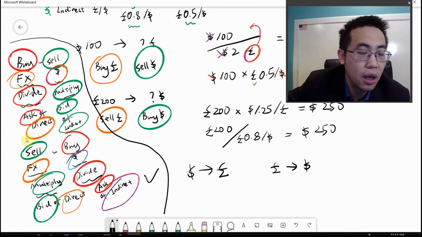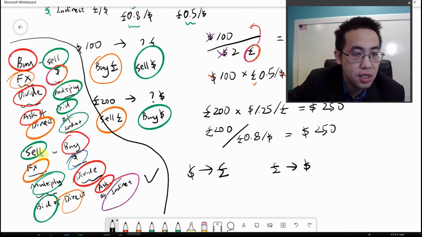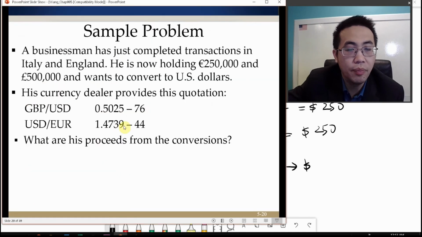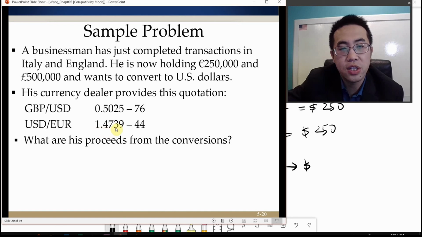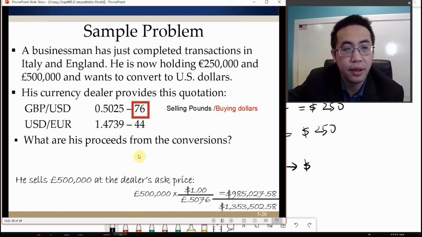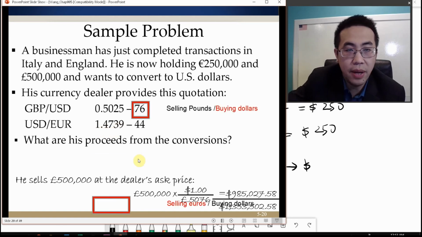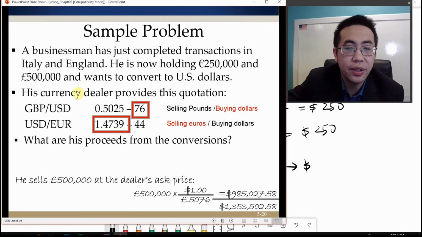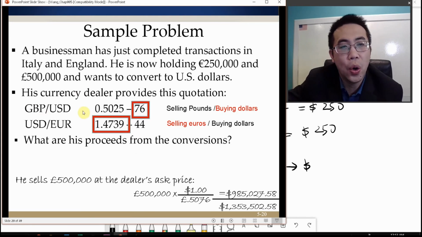Get back to our rule: we're going to sell euros, so we multiply the bid of the direct quote. So you will need to multiply this 1.4739.